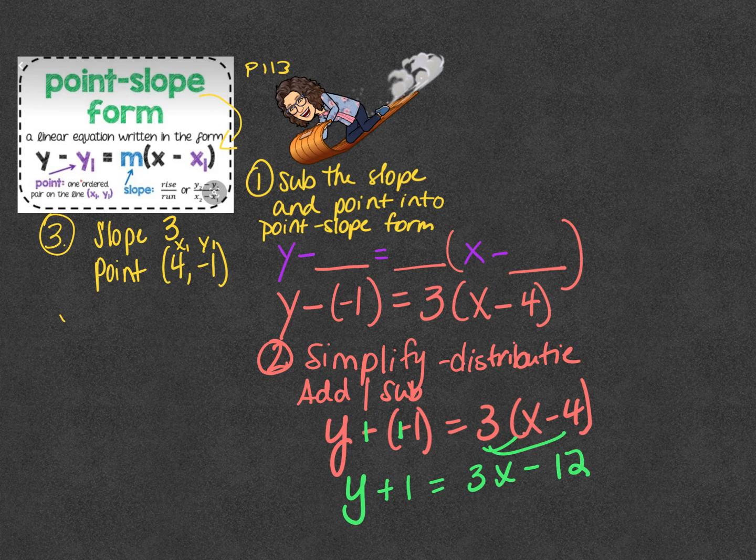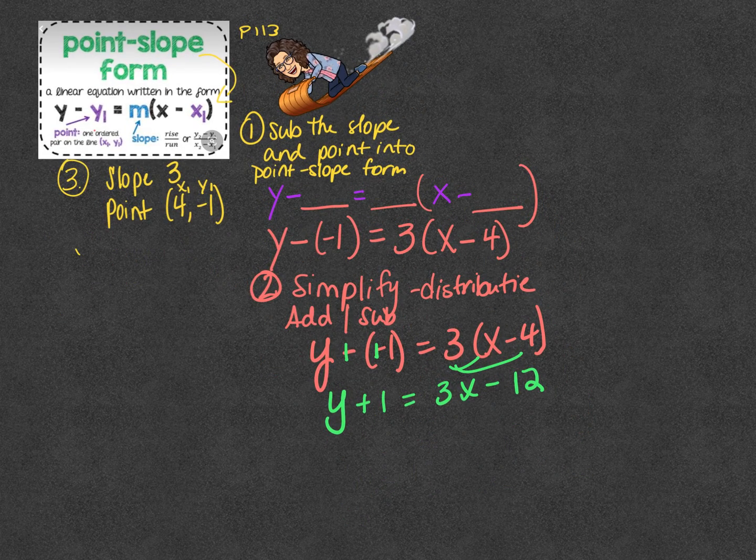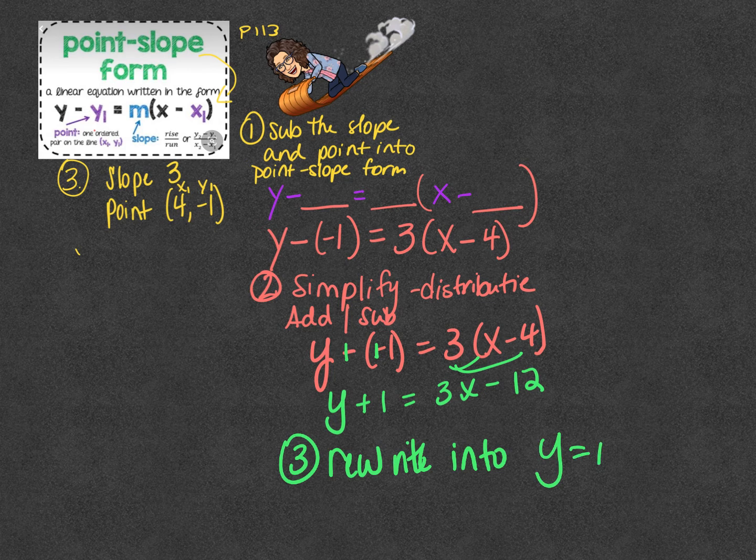Now, remember, you want to rewrite this into your slope-intercept form, and that is y equals mx plus b, okay? So let's continue to simplify.